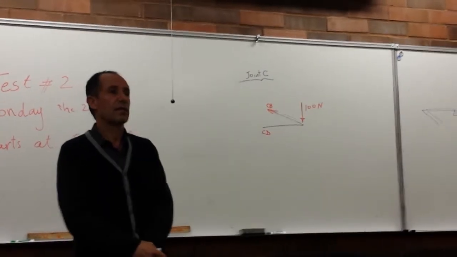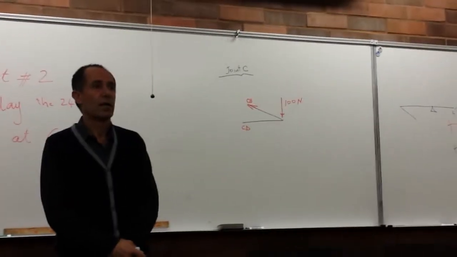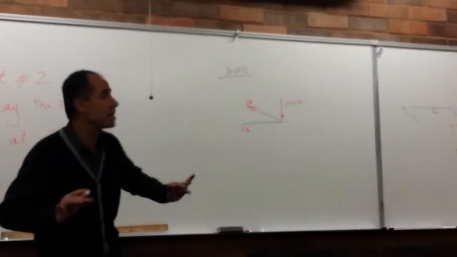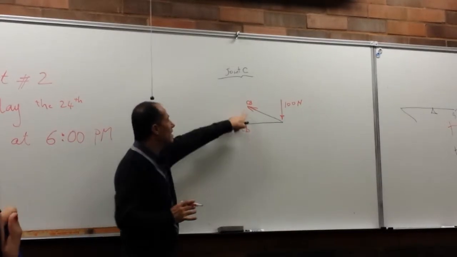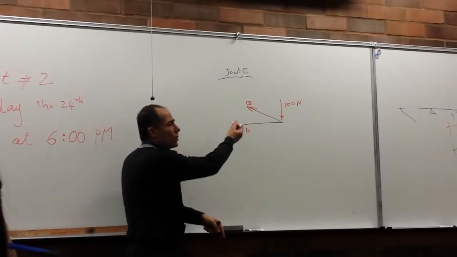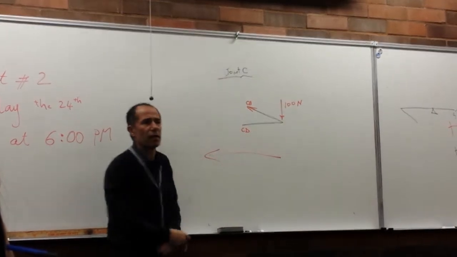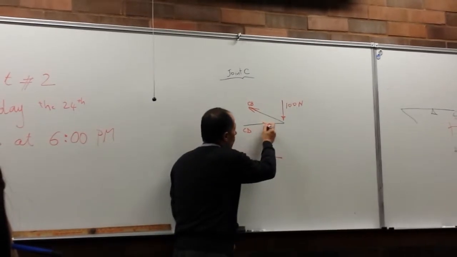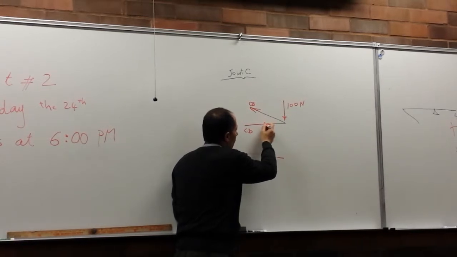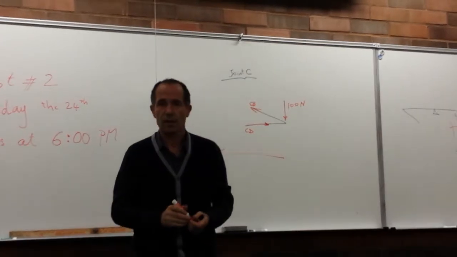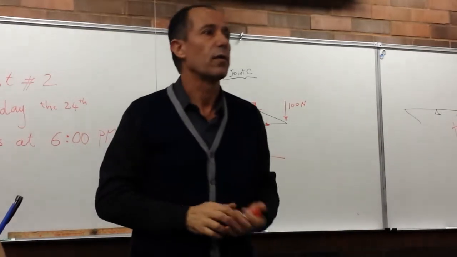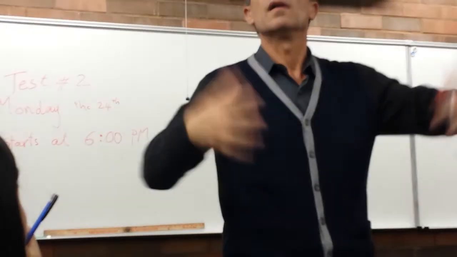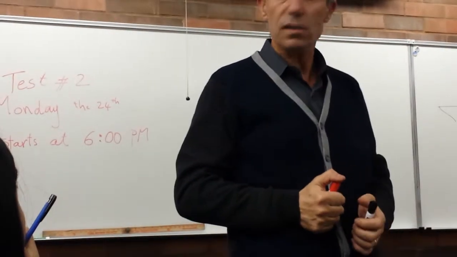Can you see that? I want you to see that because it's easier for you later on. Look at CB, it has a horizontal component pushing this way. CD can go the opposite direction. So CD should be the opposite way. Now, if you don't want to learn it fast, you don't want to help yourself, that's okay.